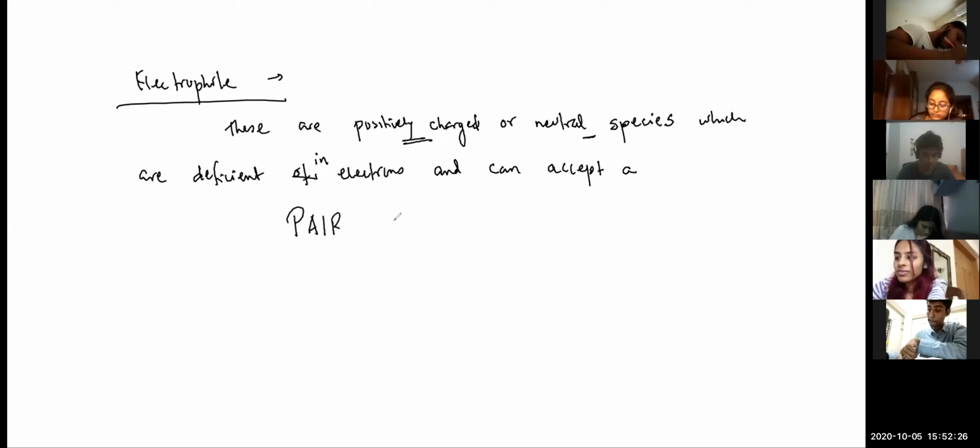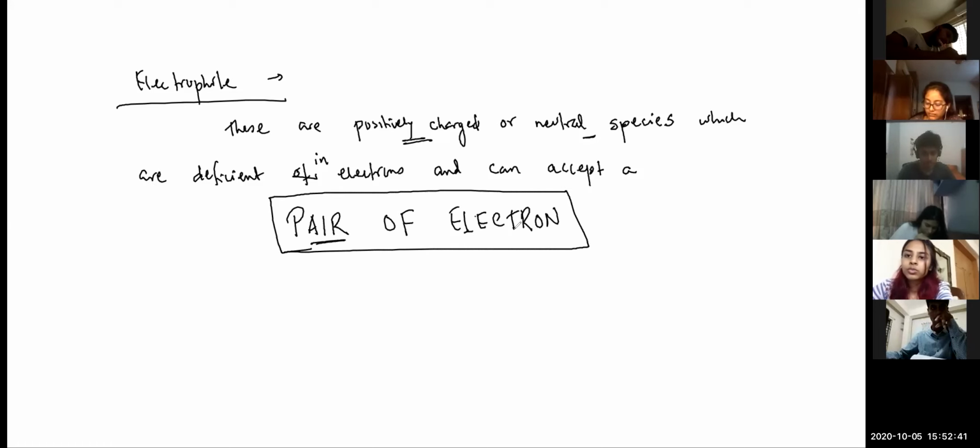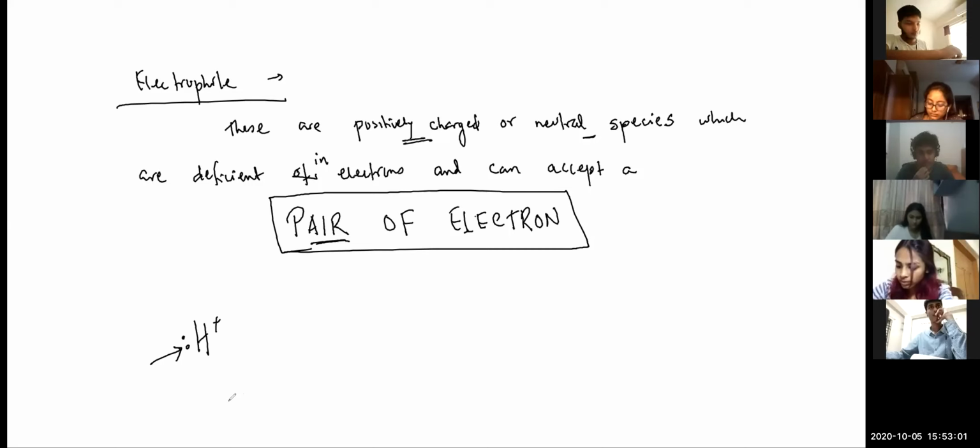It's very important. If it accepts one electron, we cannot say that it's an electrophile. It has to accept a pair of electrons. So is the hydrogen ion which attaches to ammonia to form the ammonium ion an electrophile? Of course, because it can accept a pair of electrons. Thank you Abdullah, you already said it.